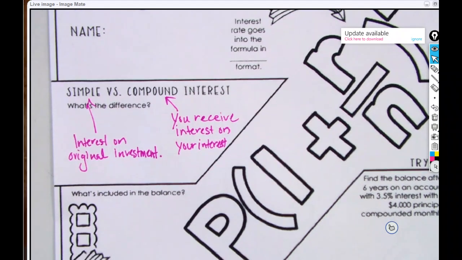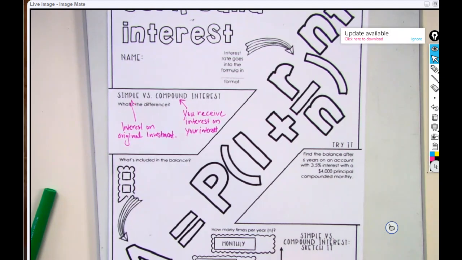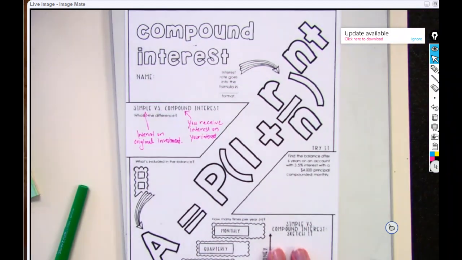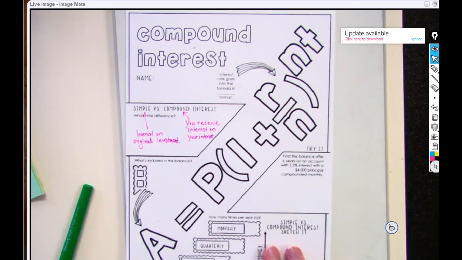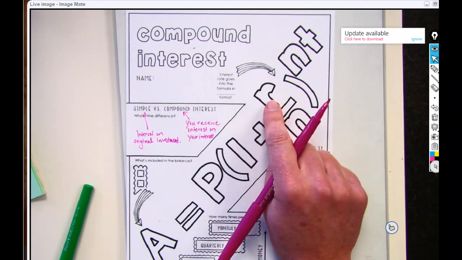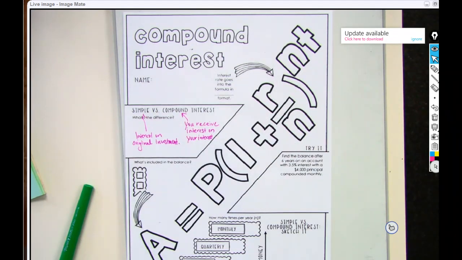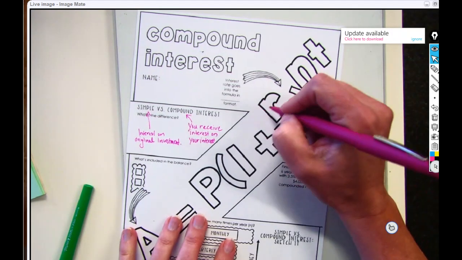Once we remember some of the basic things here, calculating it is pretty friendly. Rate is always given to you as a percent, and you need to convert it to a decimal.